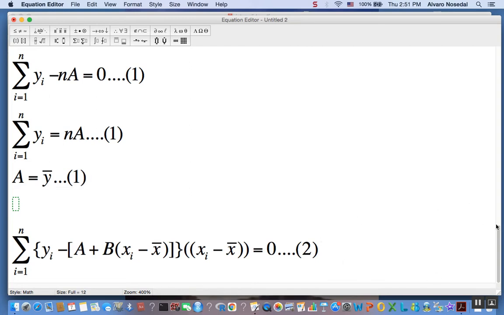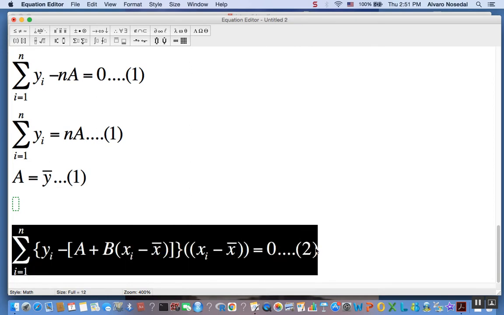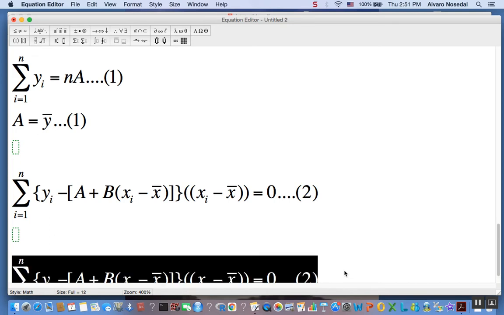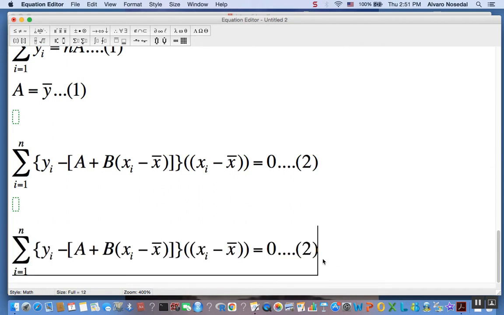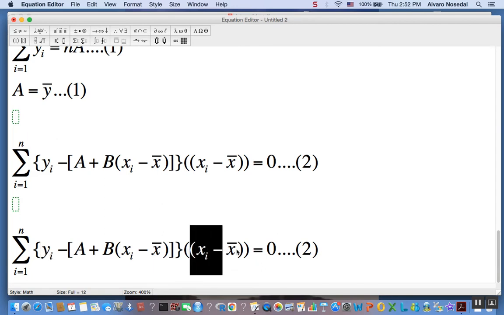Okay, so now let's talk about this guy. Let's do a little bit of algebra, just like we did for the first equation. And remember, the set of these two equations is called the normal equations. Okay, so same story here, right? Let's try and do a little bit of algebra with these guys and see what happens. So in this case we're going to have summation of yi times xi minus x bar.